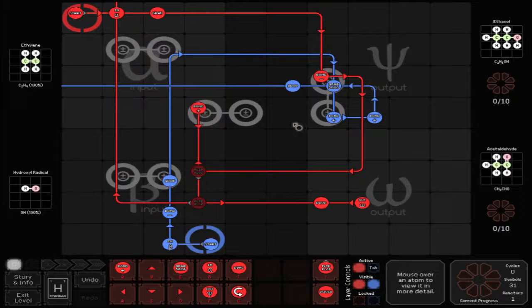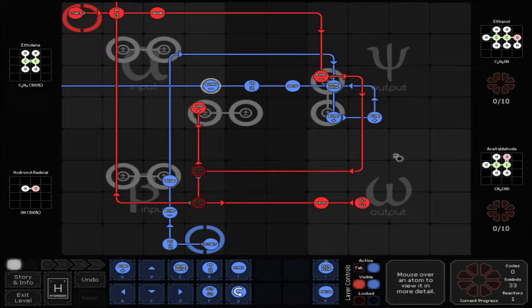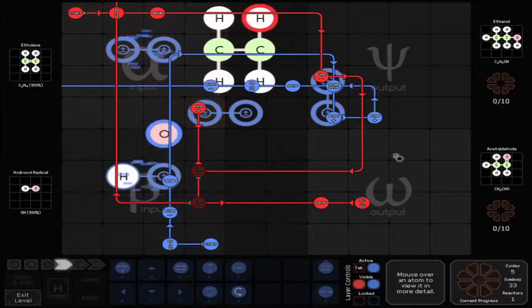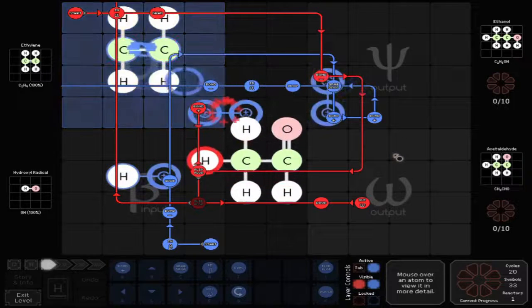I realize that what I can do is I can have blue call in the next ethylene, cut away a bond, which won't mess it up. Nope, okay.